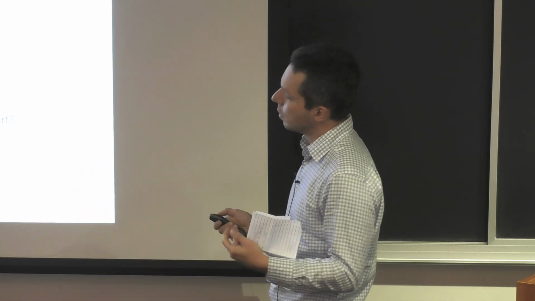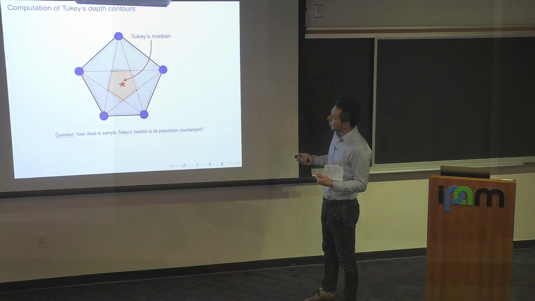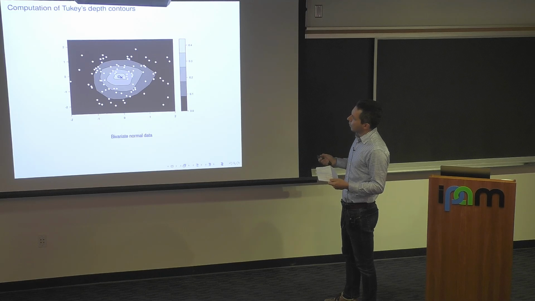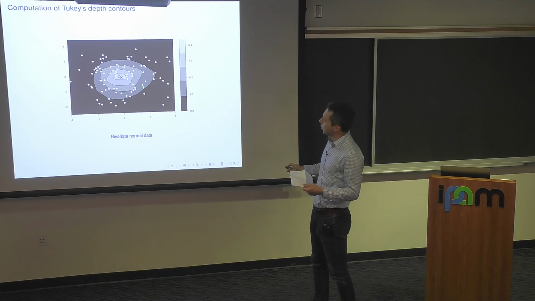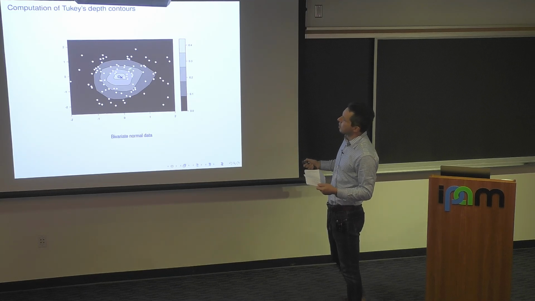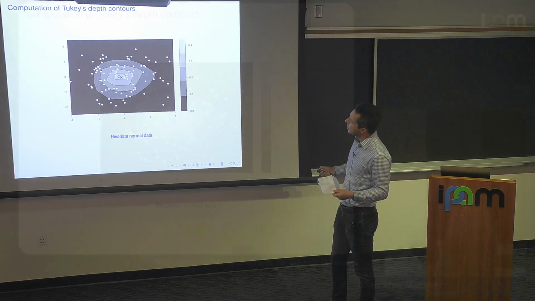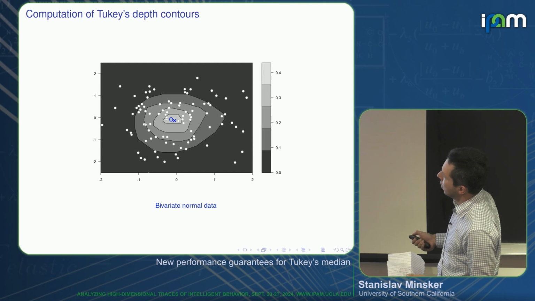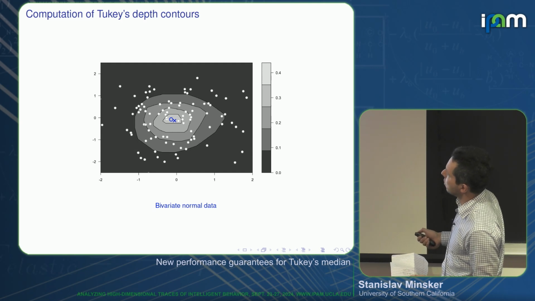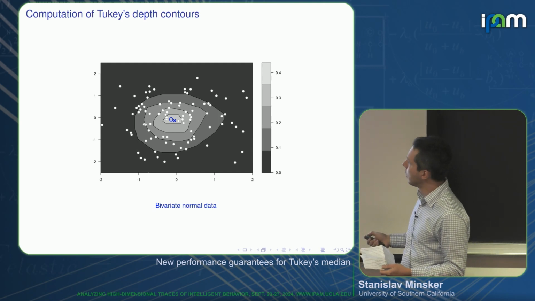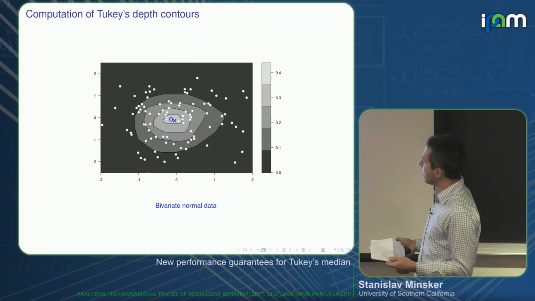Yeah, but okay. Now this is a picture of a more realistic example, and I think here it was computed based on something like 50 points. So this is how the depth regions look. The lighter regions correspond to higher depths, and darker regions correspond to lower depths.